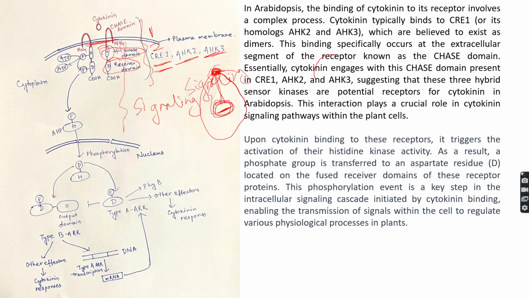Here in this histidine kinase domain, it will break ATP and release a phosphate group, and that phosphate group will attach to this histidine kinase domain. When signaling is going on, this phosphate group will be transferred to the receiver domain, and the receiver domain will again transfer it to the AHP. Okay, we will understand what AHP is.